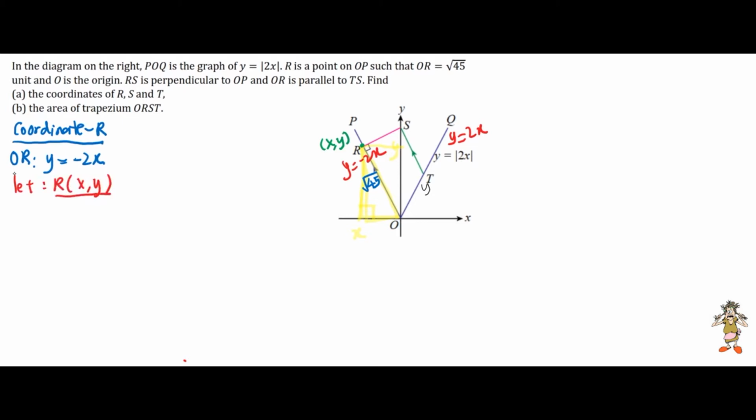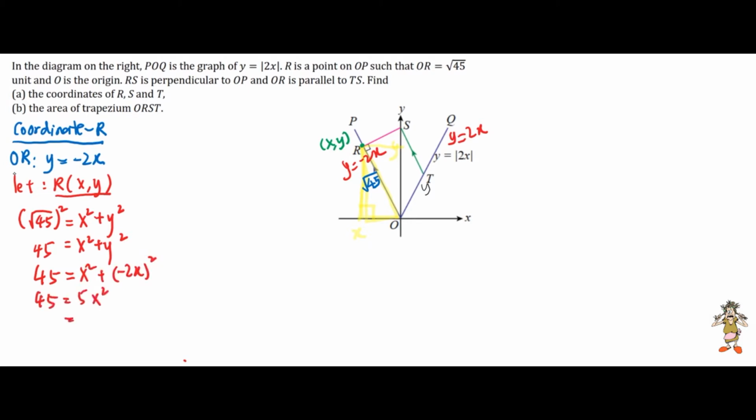Therefore, square root of 45 squared equals x squared plus y squared, so 45 equals x squared plus y squared. From the equation, we know that y equals negative 2x. So 45 equals x squared plus negative 2x squared, which is 5x squared, and x squared is 9, whereby x is positive or negative 3.